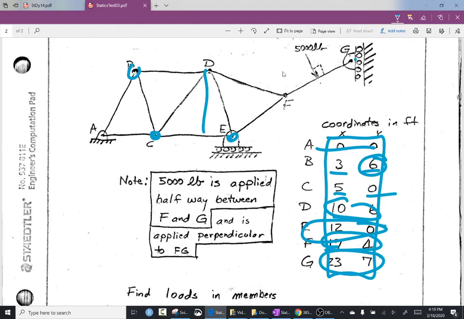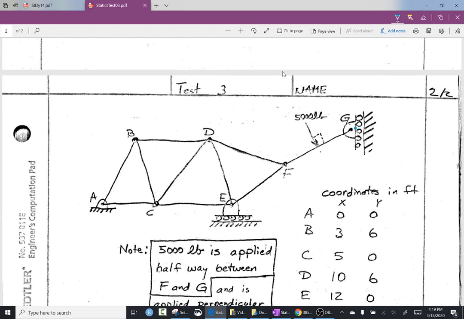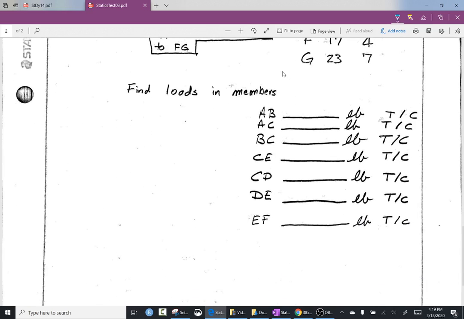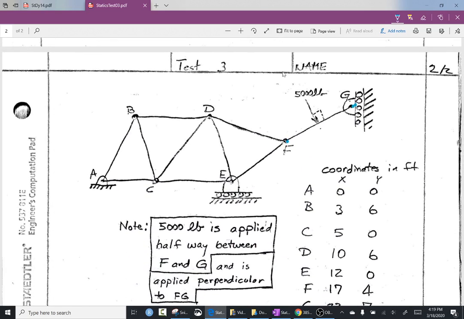These coordinates were done to scale. This paper is engineering paper, so the lines are not there because of the scan the way I did it, but they are there. The only load on this structure happens to be a 5,000 pound load put perpendicular to member F and G. If you notice, I did not ask for the loads in F and G. F and G is a unique member.